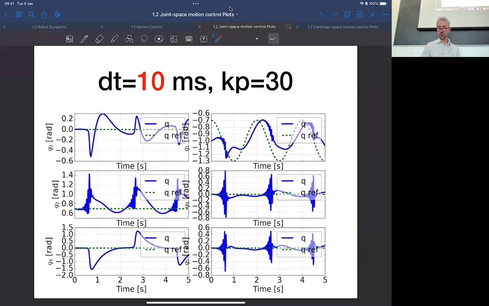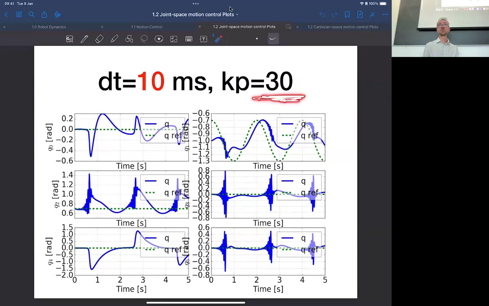Same gain, same controller, but now the behavior of the robot is very different, right? You can see these very clearly. These are high frequency oscillations, and they're coming from the controller, because now the controller is slower. And when the controller is slower, the same gain that was working well before doesn't work well anymore.